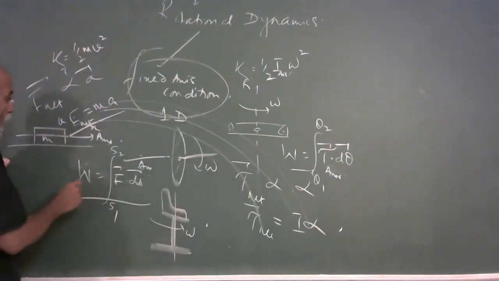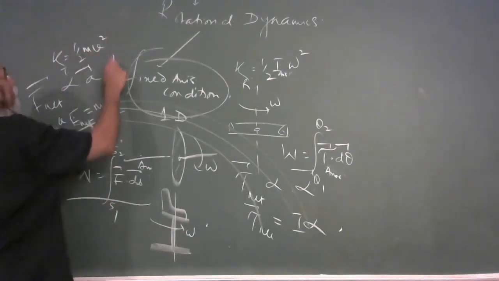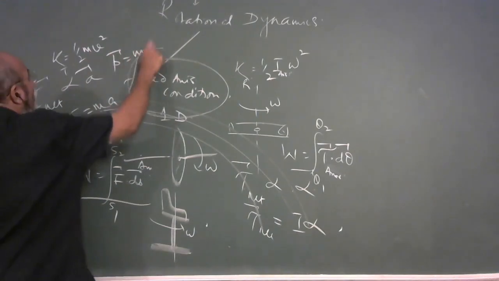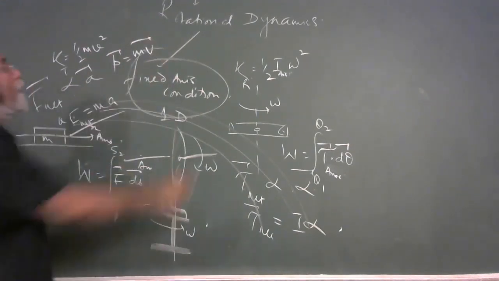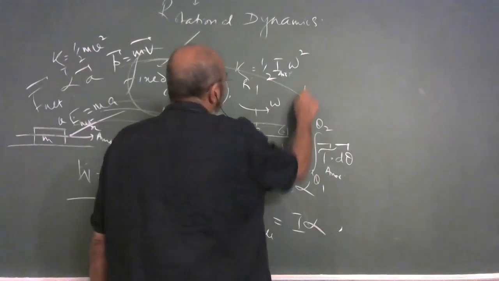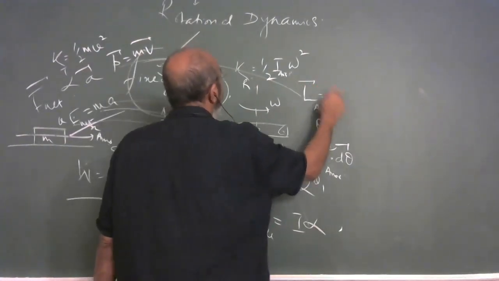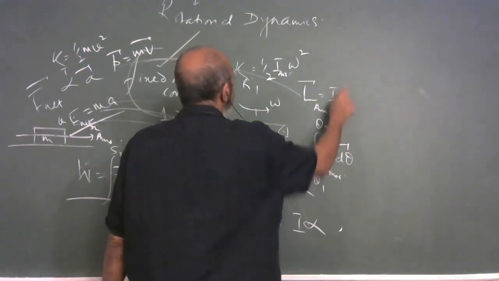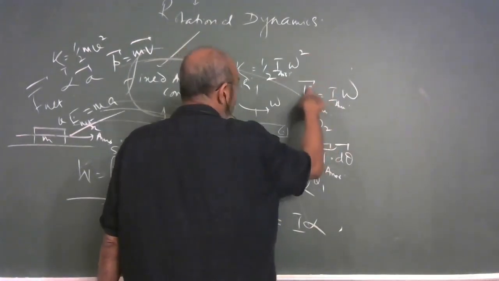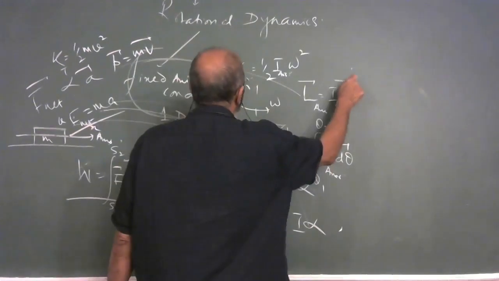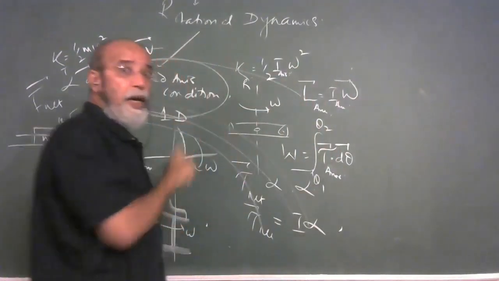Linear momentum. Analogy. Angular momentum about an axis. I about an axis, omega. You put an arrow here, you put an arrow here. I am avoiding arrows.